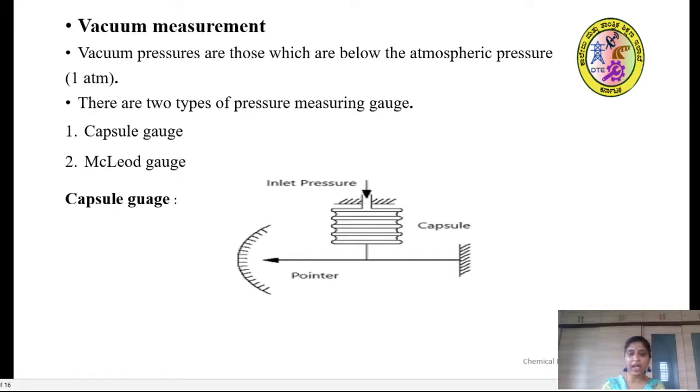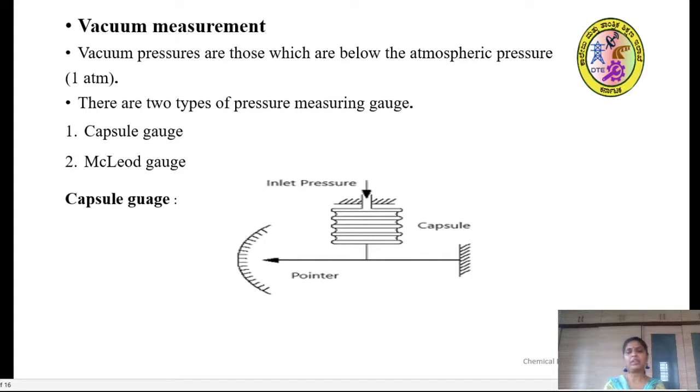This is how the capsule looks, and you can imagine it. These capsules are nothing but corrugated diaphragms. You already know what a diaphragm is, as we learnt in the last session. The capsules are again corrugated diaphragms.